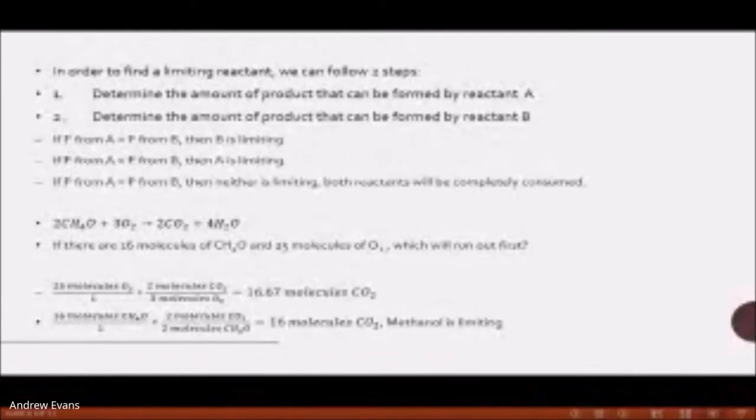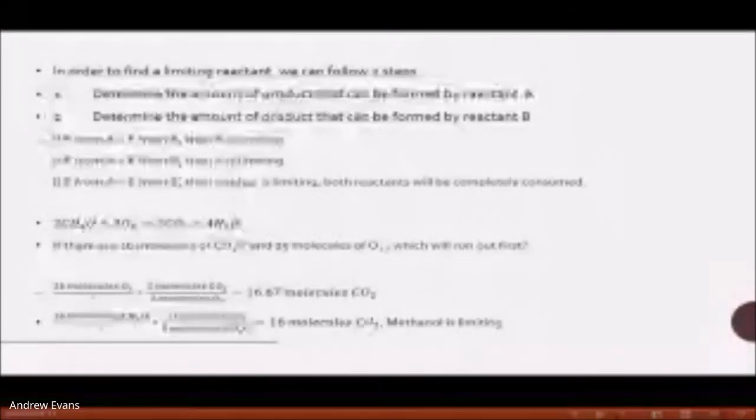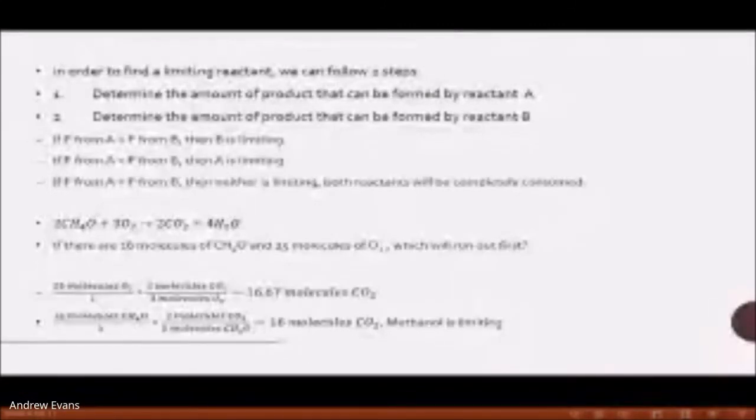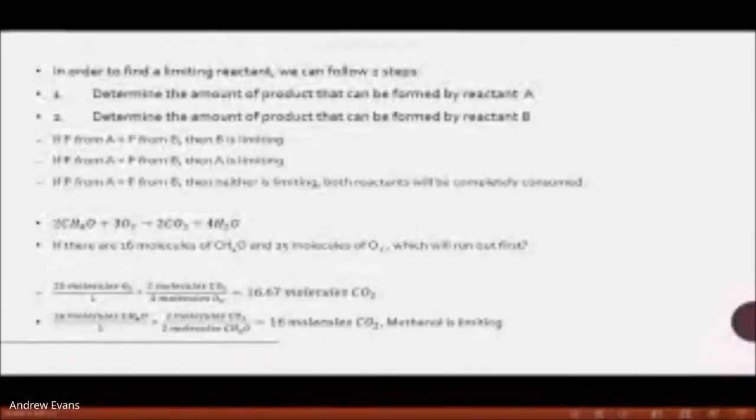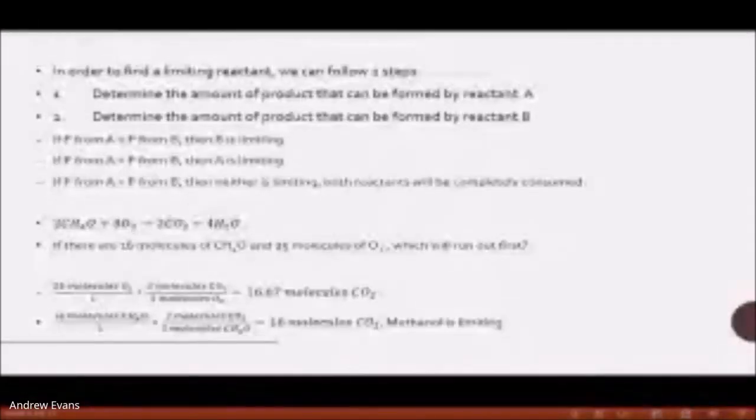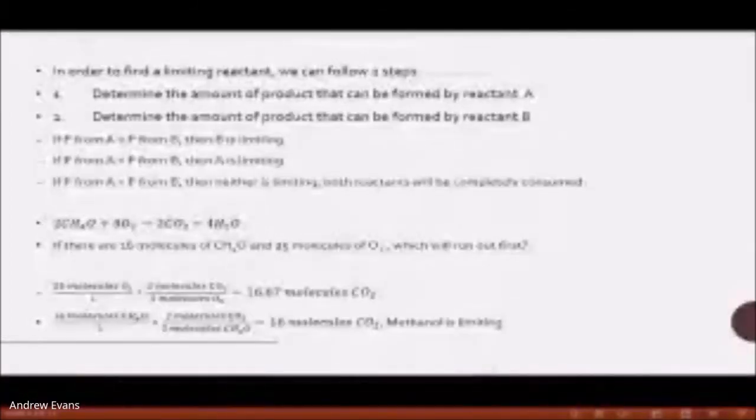So methanol will result in less product. The methanol will limit the scope of this reaction, and the methanol controls how much product can be formed. It's the methanol that has the controlling factor. There's less of it to go around, so it's the controlling point. It's our pivot point for this reaction.